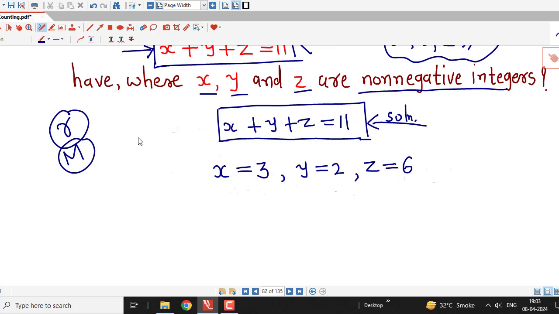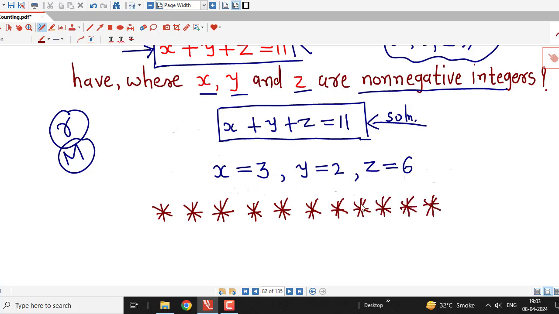Now suppose I represent these x, y and z values by stars. I consider 3 stars for x, 2 stars for y and 6 stars for z, that is 1, 2, 3, 4, 5 and 6.